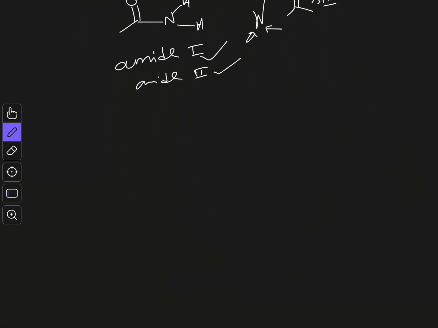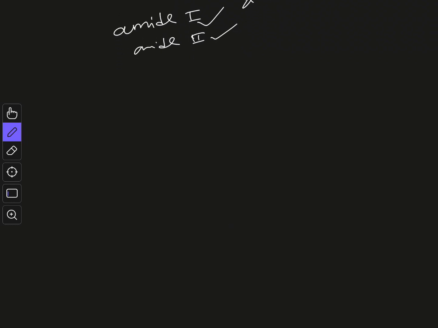Now let us talk about what is the effect of ring size on the value of the carbonyl stretching frequency. The ring size has a very prominent effect on the stretching frequency value of the carbonyl compounds. So for that we will write down certain compounds.